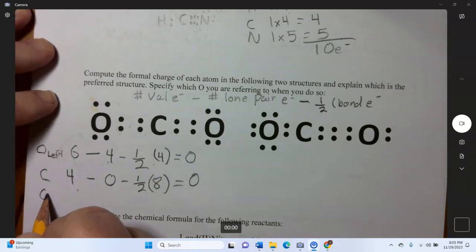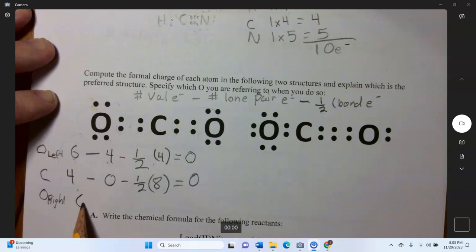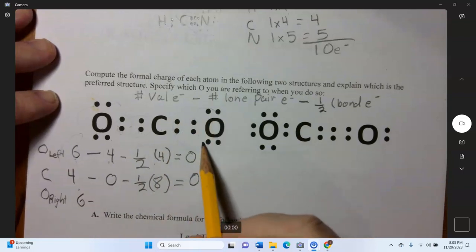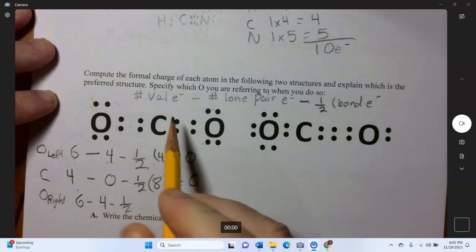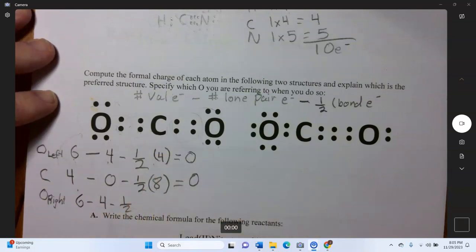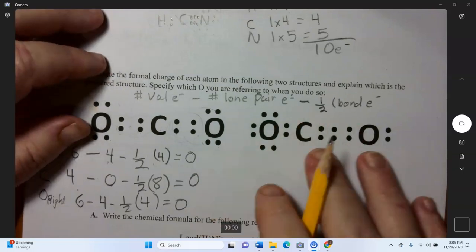Okay, now the oxygen on the right. Again, it has 6 valence electrons in its natural state. 1, 2, 3, 4 lone pair electrons, minus half of these bonding electrons over on this side. And that gives us 0. So everybody's really happy. Everybody's got 0. It means they're feeling the same amount of charge around them that they would feel if they weren't bonded, if they were just natural atoms.